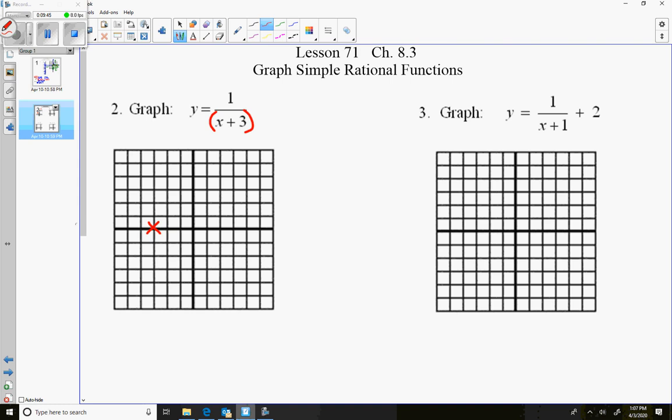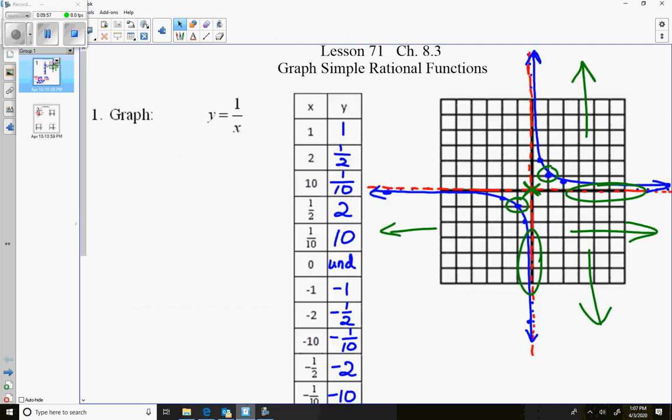Now through the starting point, you have both a vertical and a horizontal asymptote. And then coming back here, if you remember, you went through the points 1, 1, and negative 1, negative 1.